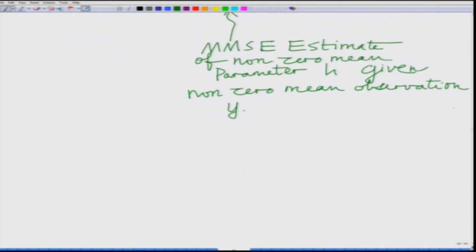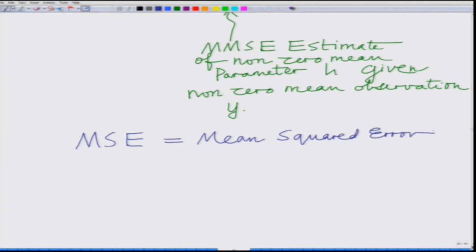Now, the variance, the MSE or the mean squared error, this will be, remember previously we had the expression R H H minus R H tilde Y tilde.